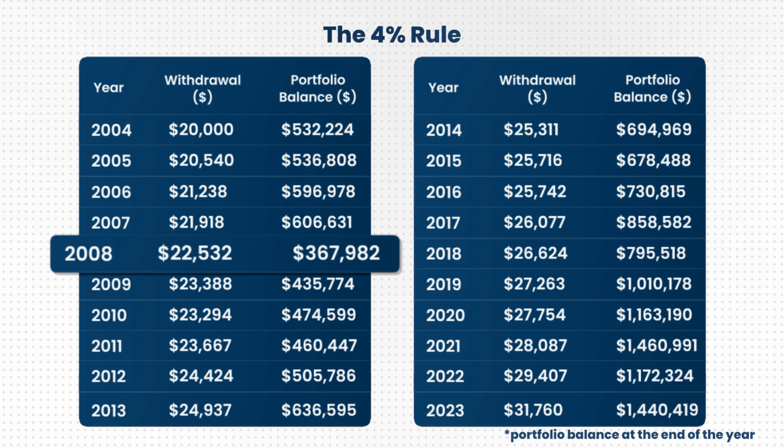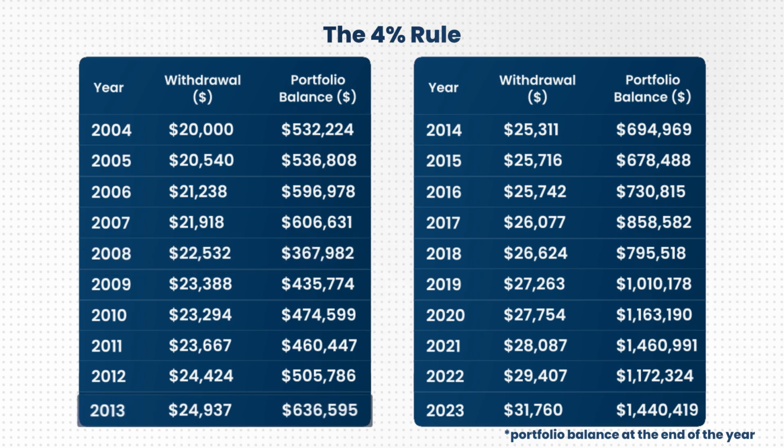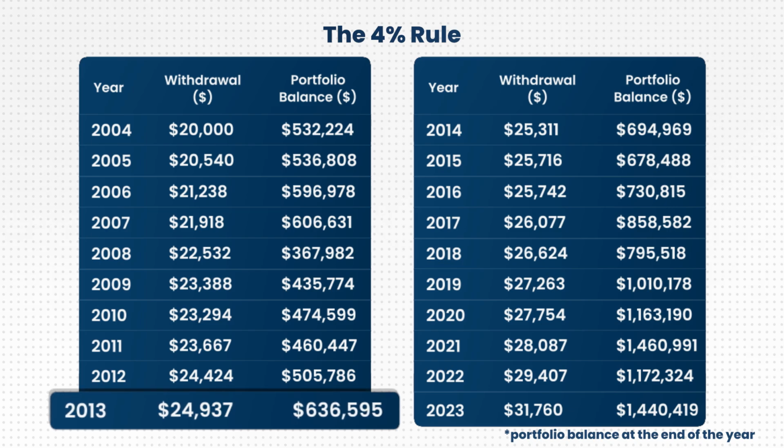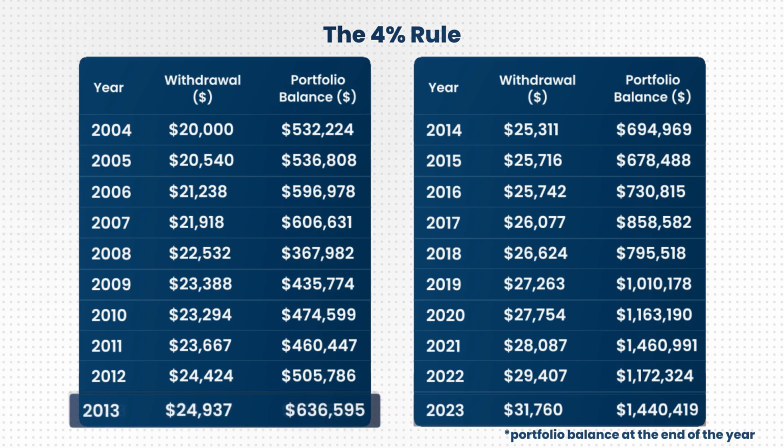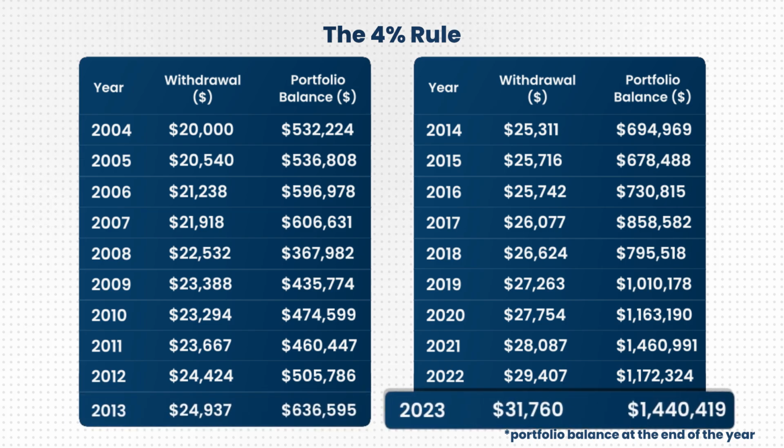That's quite a drop, but remember, this was 2008. At the 10-year mark, our individual would withdraw about $25,000 for the year, and their portfolio would be worth about $637,000. Fast forward to the 20-year mark, and their withdrawal would be just under $32,000, and the total portfolio's value would be about $1.4 million.